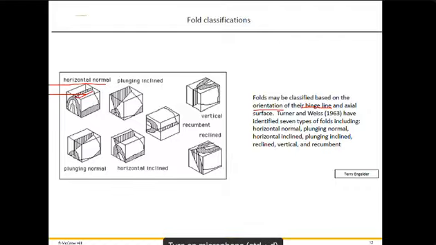The hinge line is horizontal. The axial surface is vertical. It's normal. That will give you an upright fold here. And then look at what's going on here. Can you see that? Do you guys see that?